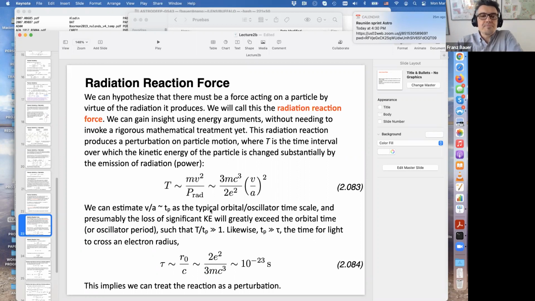But in some sense, all of the emission of radiation has to end up having a quantum mechanical basis, right? You would expect.